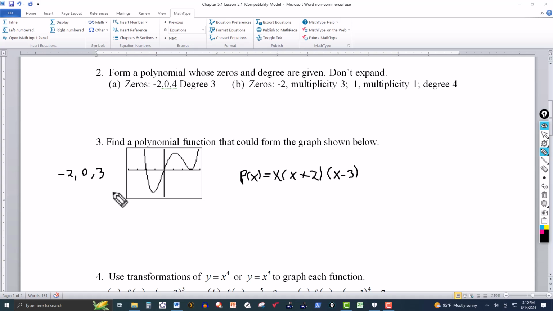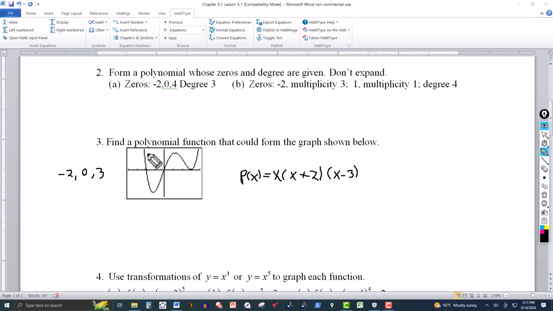But now notice that the graph goes up at both ends. If you have a polynomial and the graph goes up at both ends, the degree has to be even. Now, if the graph goes up at one end, down at the other, or the opposite, then the polynomial has to be odd degree. Now, if I look at this, I got an x here, an x here, an x here. So if I were to multiply this out, the highest degree I'd have here is x to the third. That's odd.